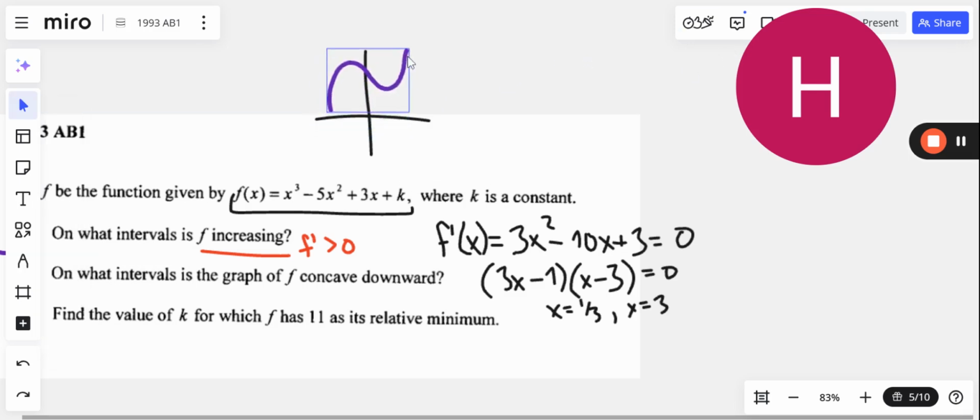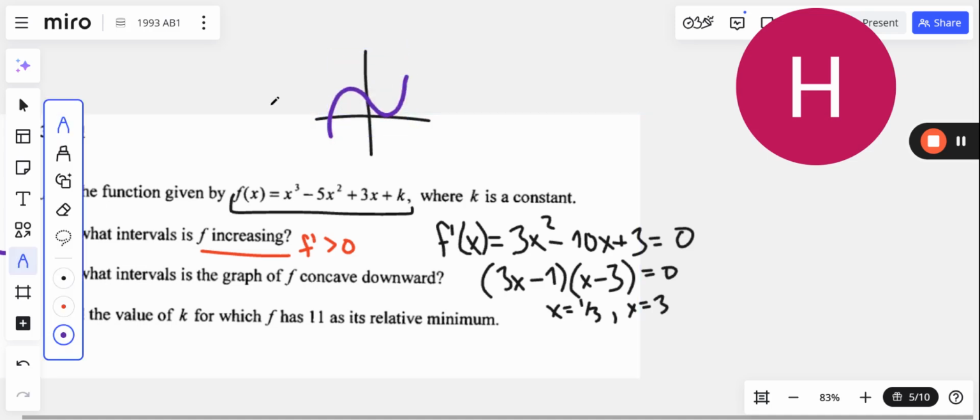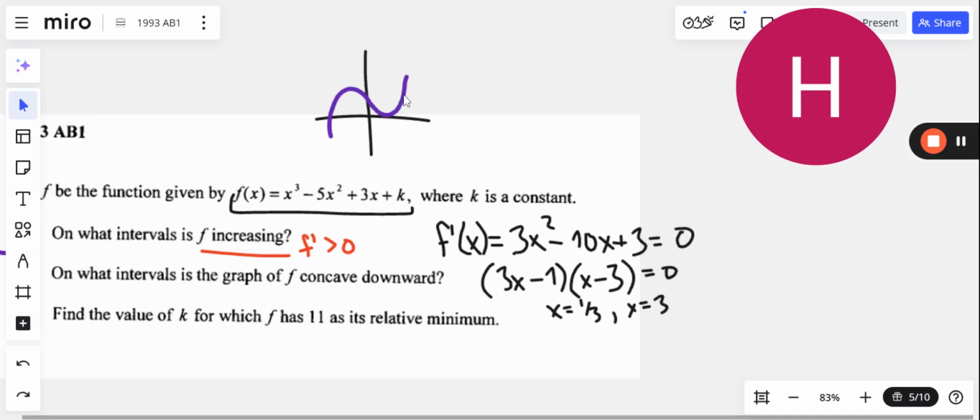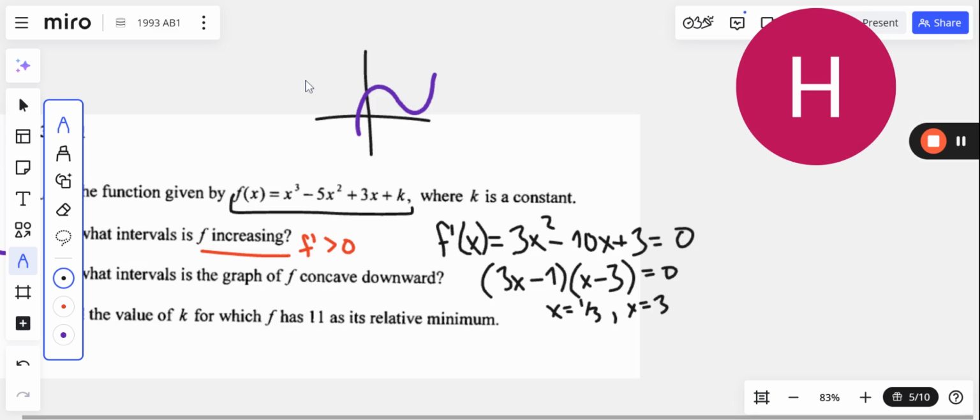Well, as you can see, no matter what the k value is, it's going to be increasing up to this maximum point, which is going to occur at the smaller x value of the critical numbers. So in this case, let me actually move it into a decent place. Maybe something like that, because the first spot is 1/3, and then the next flat spot is 3.